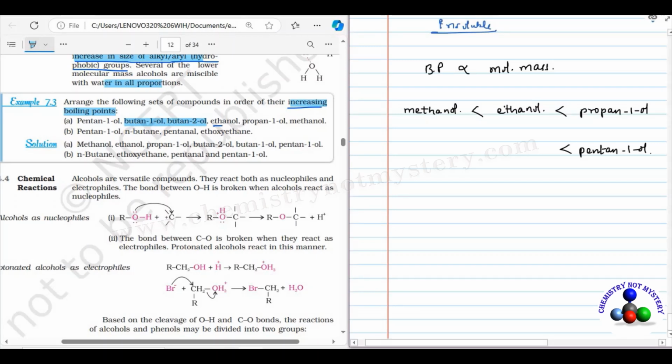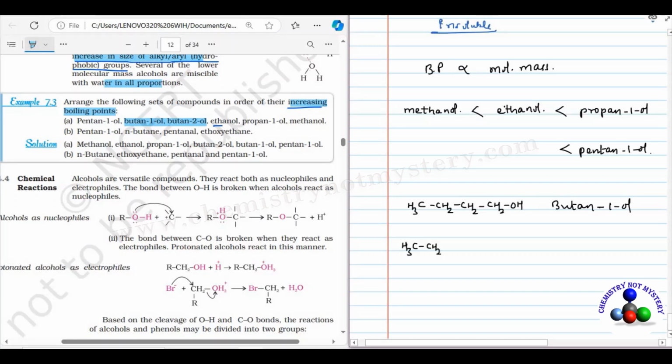So let's draw the structure of butane-1-ol. This is CH3, CH2, CH2, CH2, OH. This is butane-1-ol. Now draw the structure for butane-2-ol.